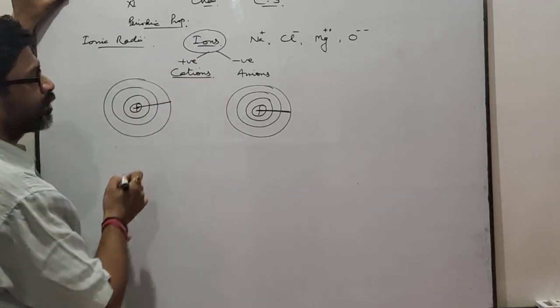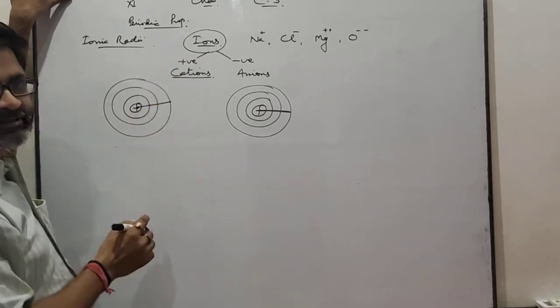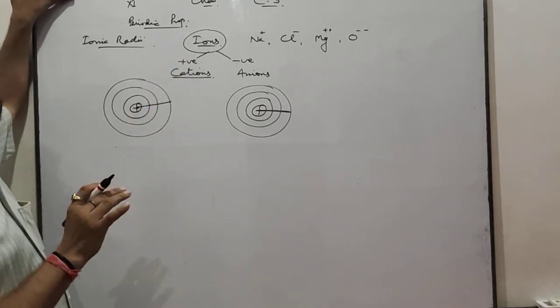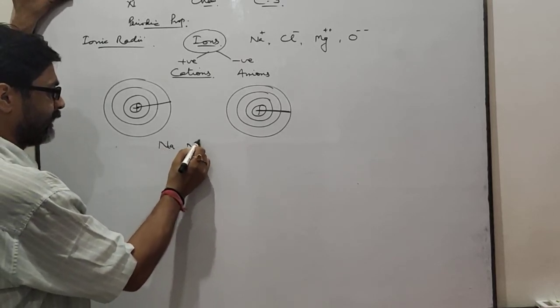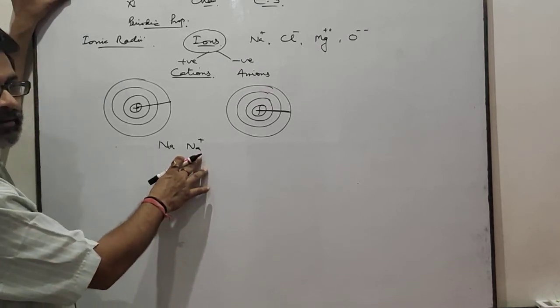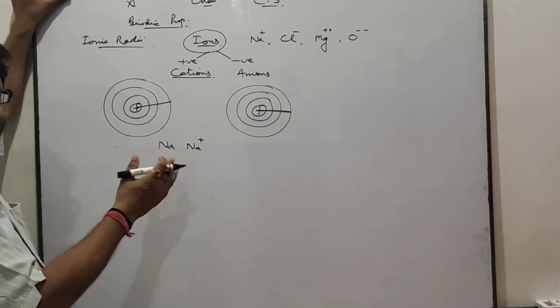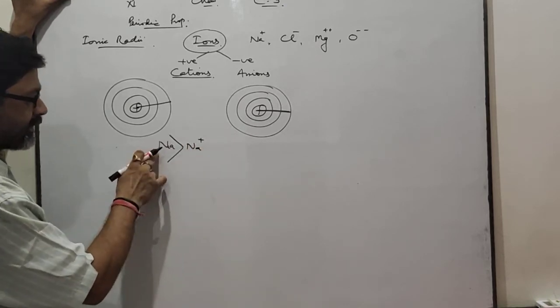The size of cations, meaning positive ions, is always smaller than its parent atom. Means in Na and Na+, which particle has greater size, Na or Na+? Na is greater than Na+.